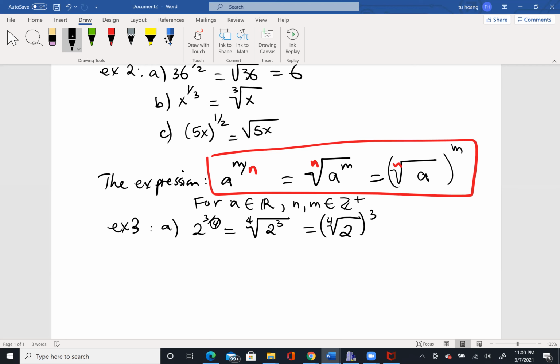So if I have B, negative 27 to the power 2 over 3, and I want to evaluate this expression, how can I do it?